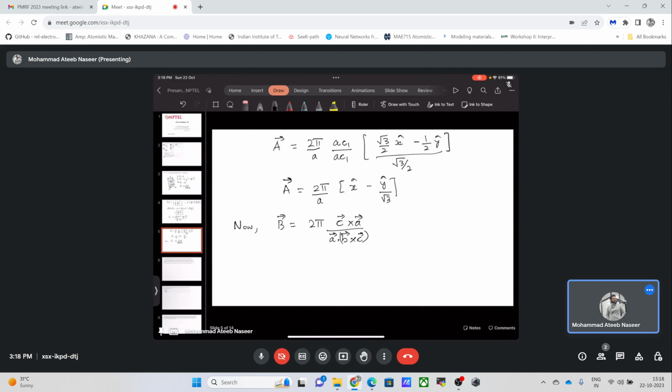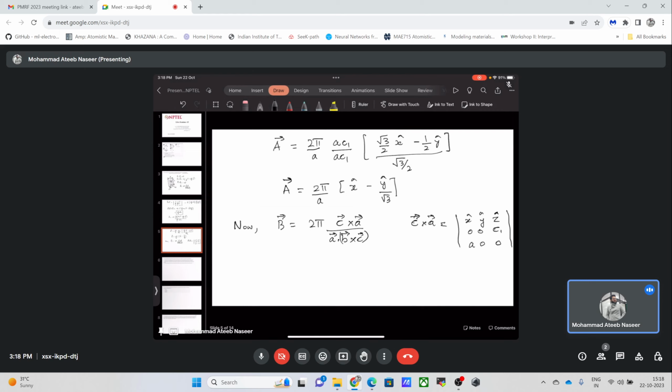So c cross a is x hat, y hat, z hat; c means 0, 0, c1, and a was a times x hat, 0, 0.